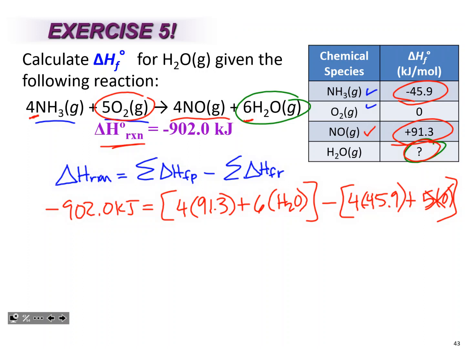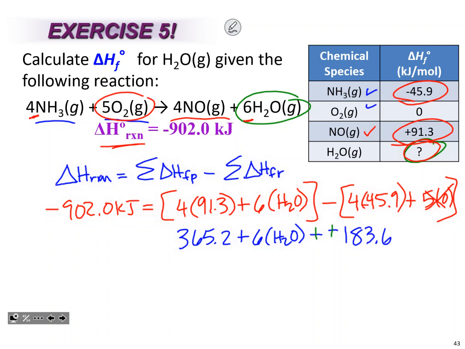Now it just becomes algebra. But just be careful because you don't want to get your signs mixed up. So this is going to be 0.2 plus 6 times the water minus a negative, this is 183.6, is that right?